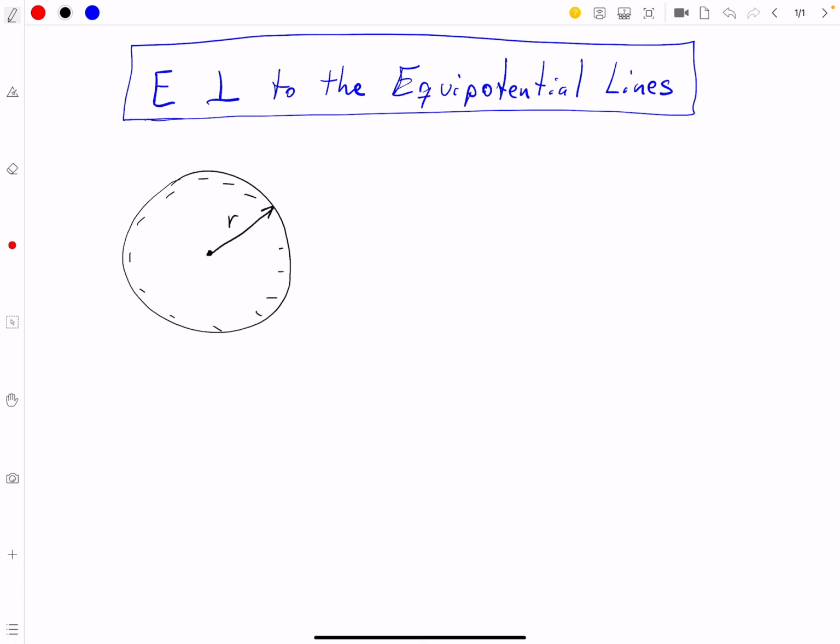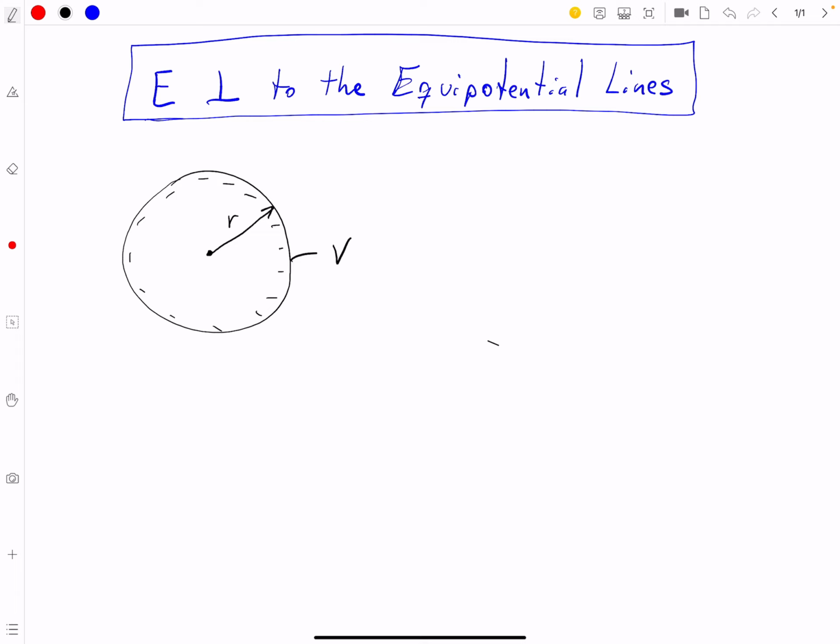What does that mean? That means that this is an equipotential line. There's got to be a symbol for equipotential.